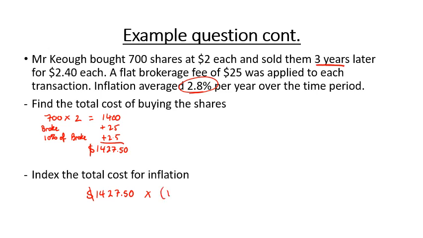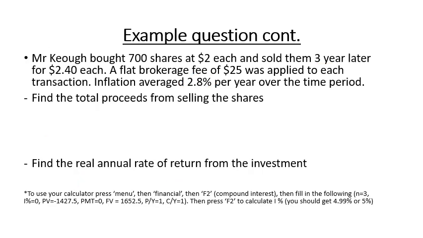So if I multiply that by 1.028, that's 102.8%, and I do that for 3 years, that's going to give me a total of $1,550.80. So that's what it would cost now after 3 years. The initial shares that I bought would now cost me $1,550.80.